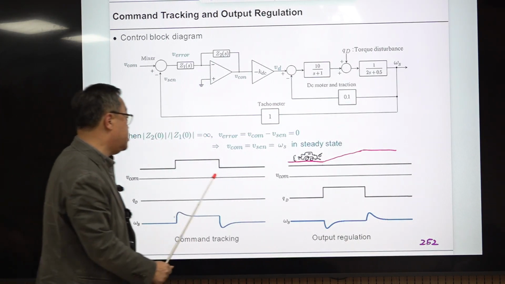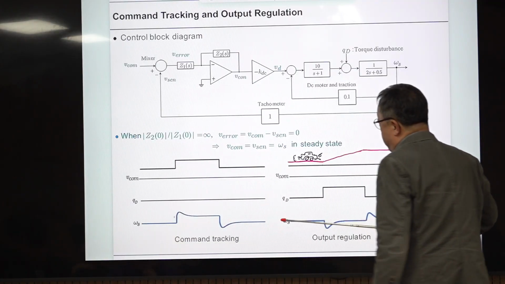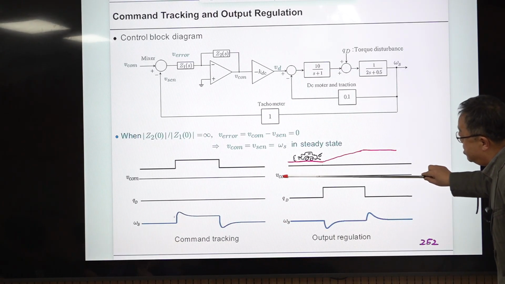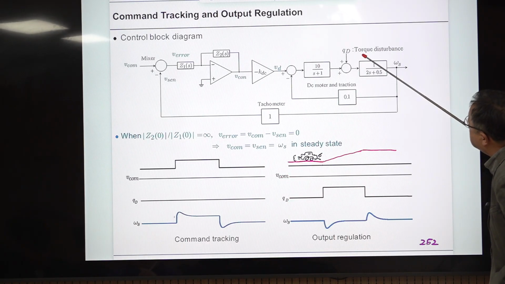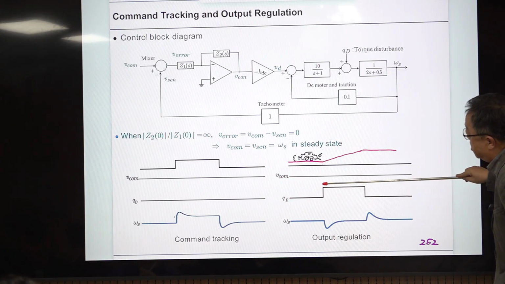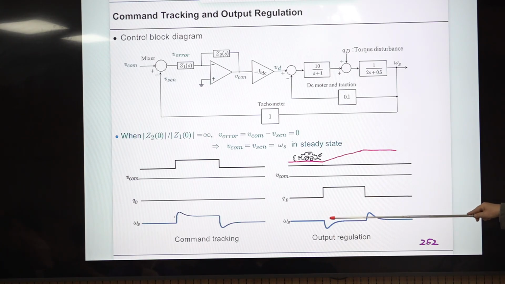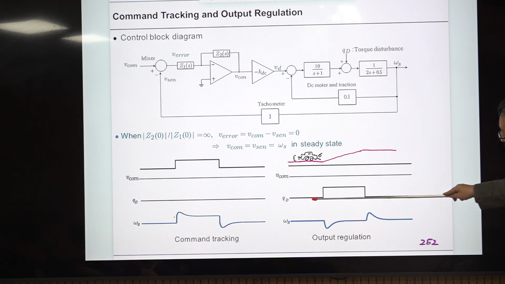And this is something else. So here, this command signal remains the same or zero, but at this point, this torque disturbance is increased in step fashion because the slope is constant. Then torque is increased in stepwise fashion and decreased here.